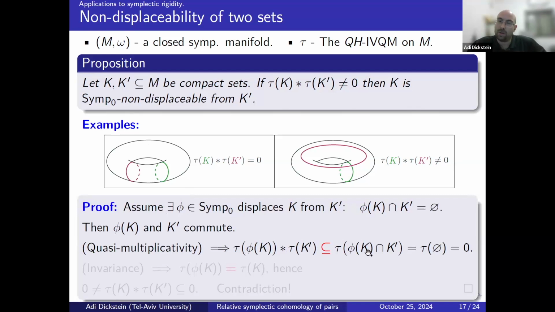And we also used here the normalization, since the measure of the empty set is 0. On the other hand, using the invariance, we know that the measure of phi K is just the measure of K. Thus, we get a contradiction.